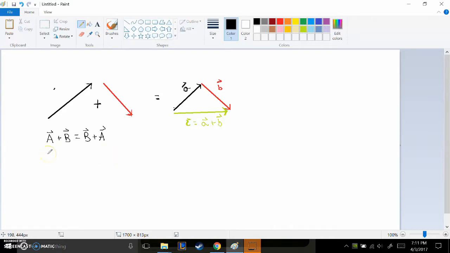To elaborate on that, if we have some vector A plus vector B, and we want to do this first, or add it to another vector C, it's the same as doing C vector plus B vector first, and then doing A after. So it's associative.